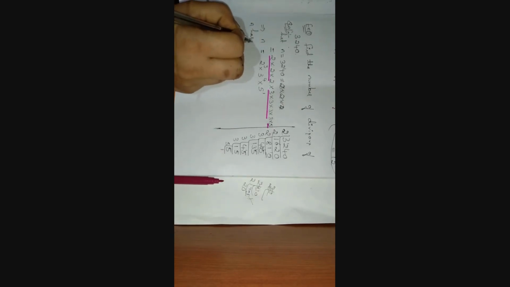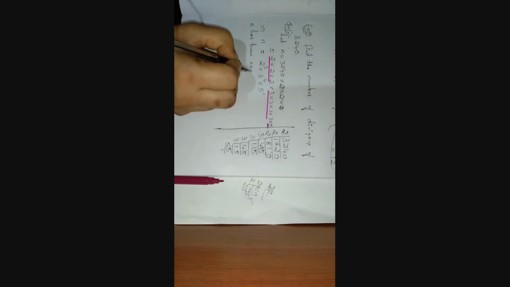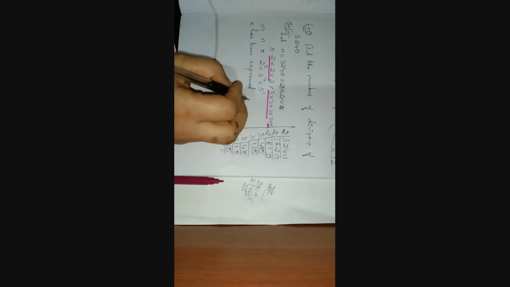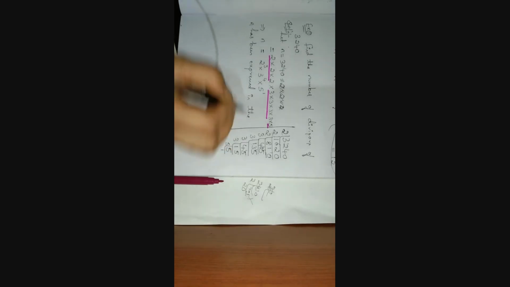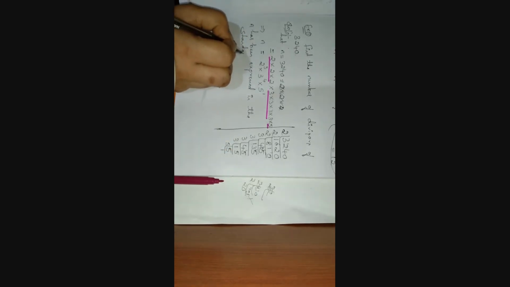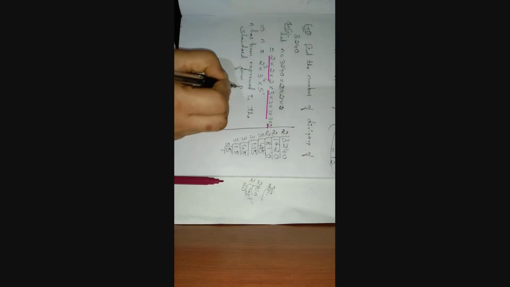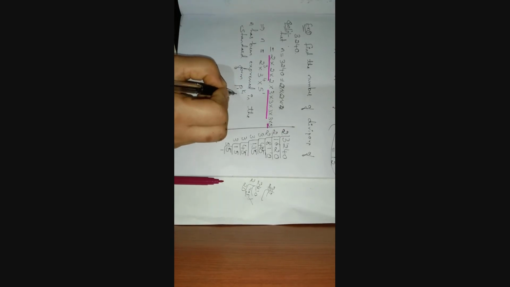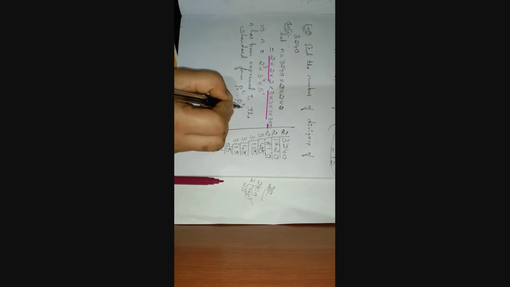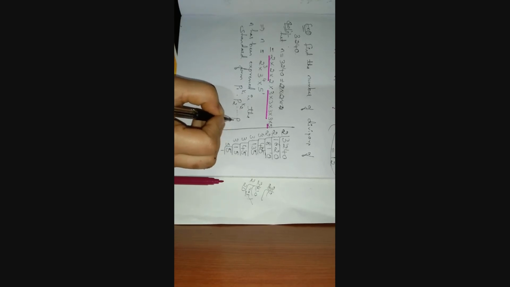n has been expressed in the standard form, p1 power k1 into p2 power k2 and so on up to pr power kr.